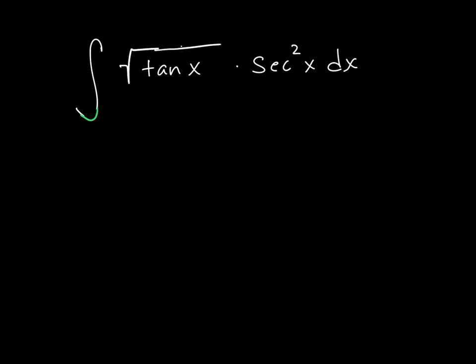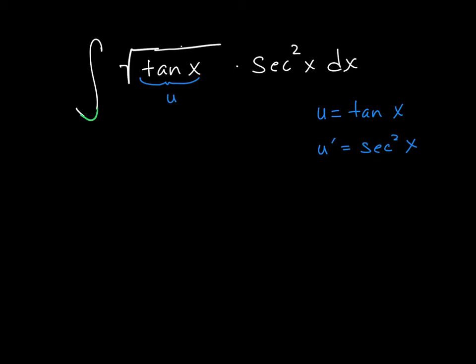So the reason I know that I want to pick the tangent of x underneath here to be u is because I know the derivative of that is equal to the secant squared of x. That's the only reason why I want to pick that. If I don't know that, I don't know which one to pick for u. But you always pick that based upon what you have in those questions.